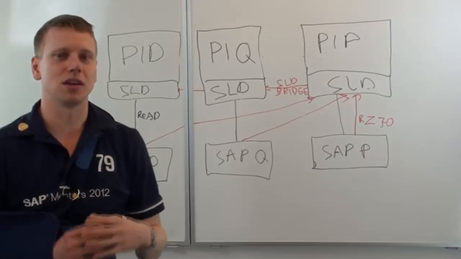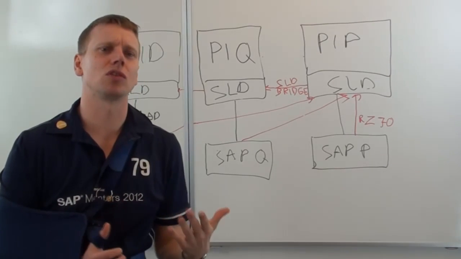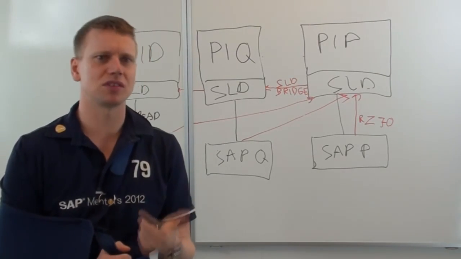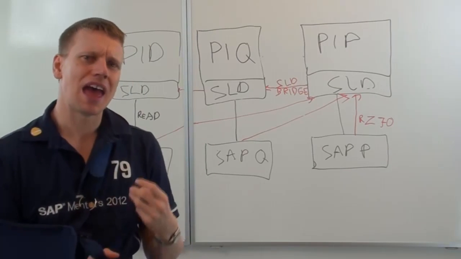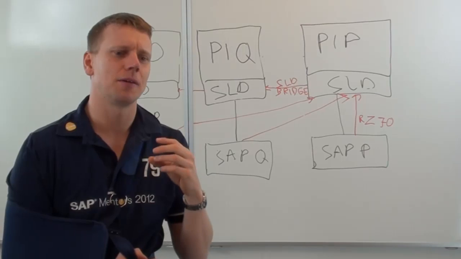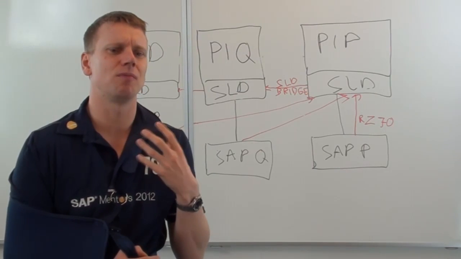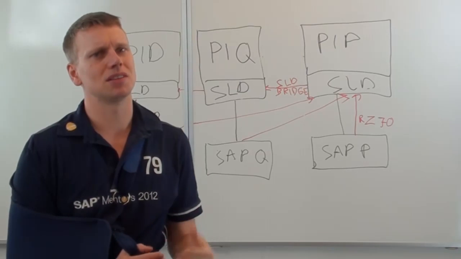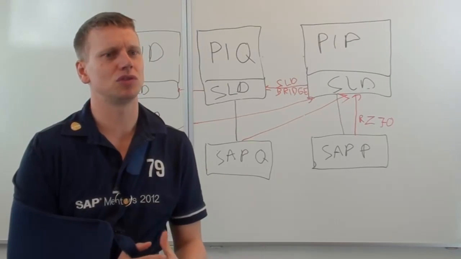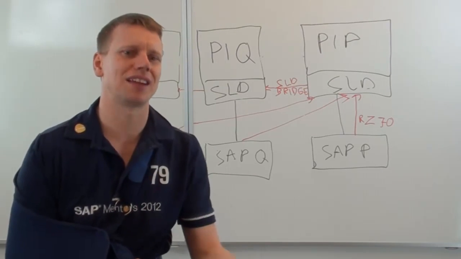Each of these systems' SLD is a repository of all the software components used in the system, and it also contains a list of the systems in this environment, so it's easier for other people to see what systems you have in your landscape.